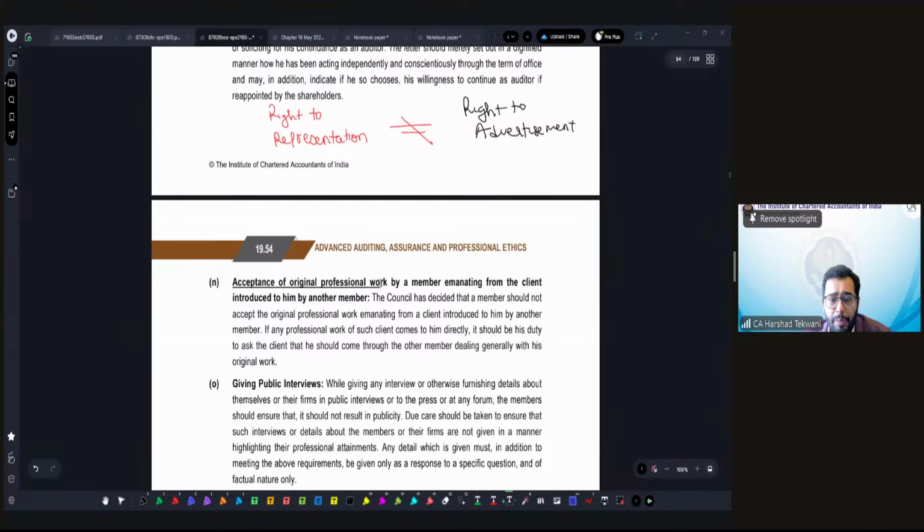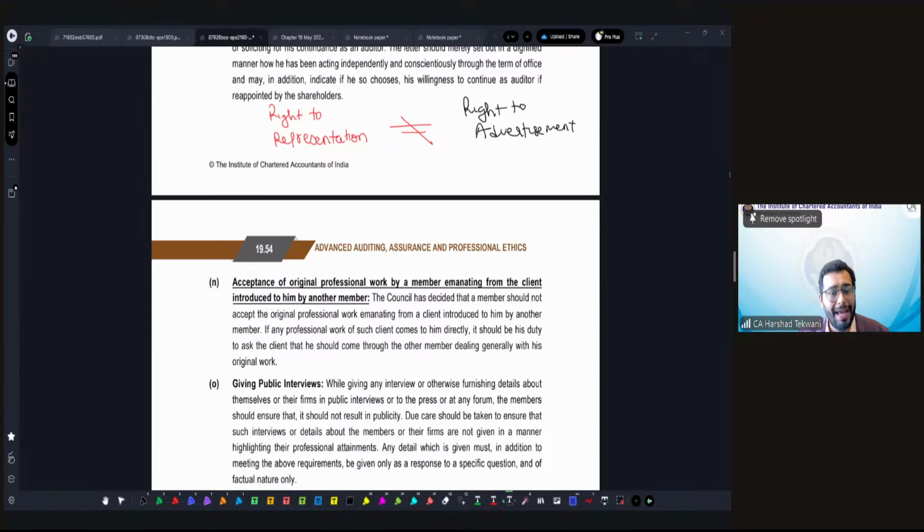Then acceptance of original professional work by a member emanating from a client introduced by another member. Let's say someone referred you a particular client for a professional work, and now there is another professional work coming from this referred client. Can you accept that?